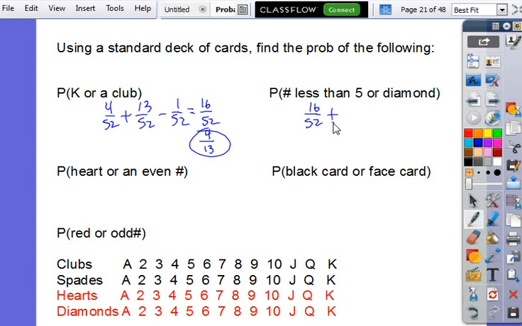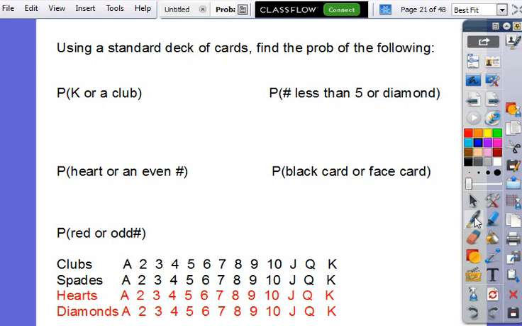There's 13 clubs, 13 diamonds, 13 spades, 13 hearts. Minus how many are less than 5 and a diamond? 4. So that's 5 over 13, which can't be simplified.